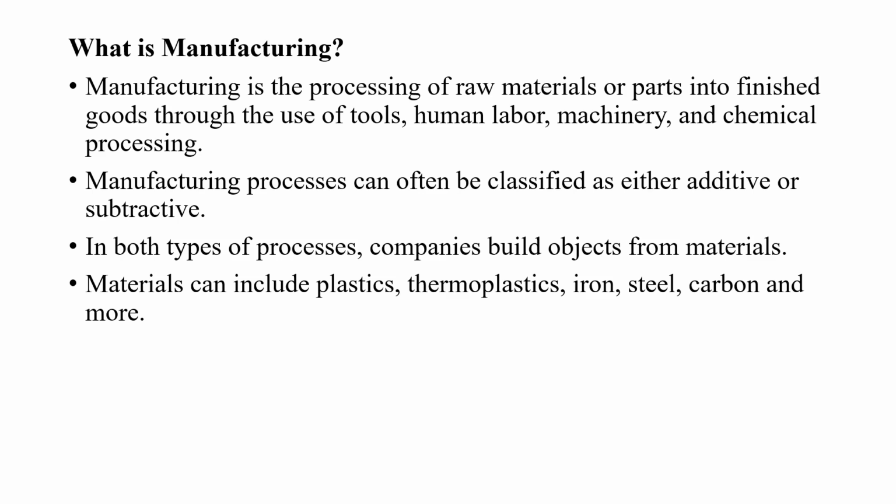So this is the definition of manufacturing. It means you are converting the raw material into finished goods. To convert that, we use tools, labor, machinery, and different chemical processing. And this manufacturing process, we can broadly classify as additive or subtractive type of manufacturing.